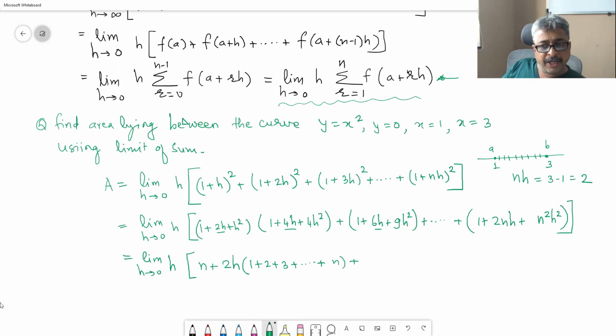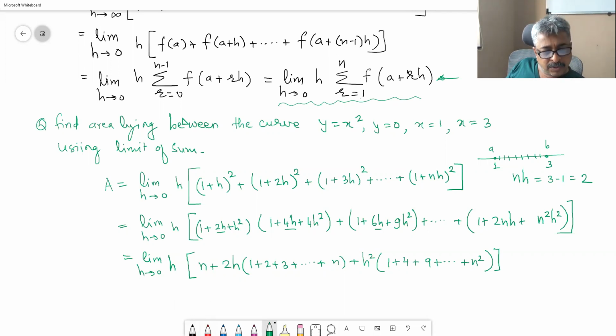Okay, so what we can take out common from the last? h square, inside bracket 1 plus 4 plus 9 plus dot dot dot plus n square, bracket complete.